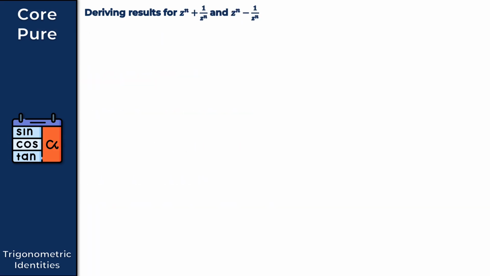So let's just have a go then at deriving the results here for z to the n plus 1 over z to the n and z to the n minus 1 over z to the n. So to get us started here then, if z to the n is equal to (cos theta plus i sin theta) all to the power of n, then this would just simply give us cos n theta plus i sin n theta.